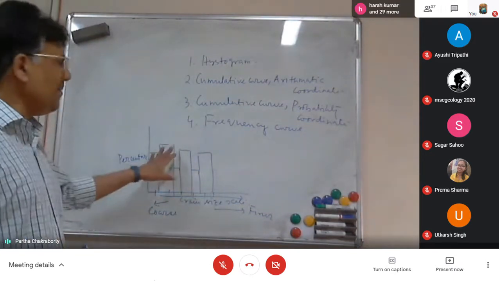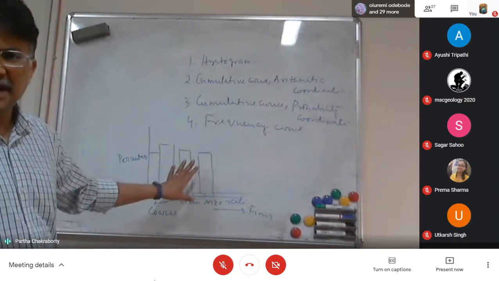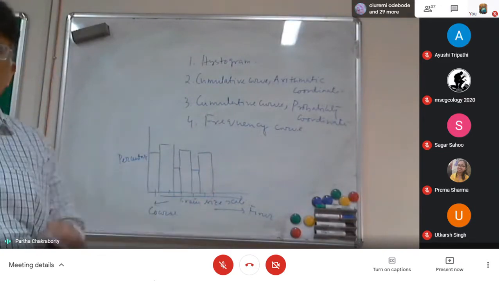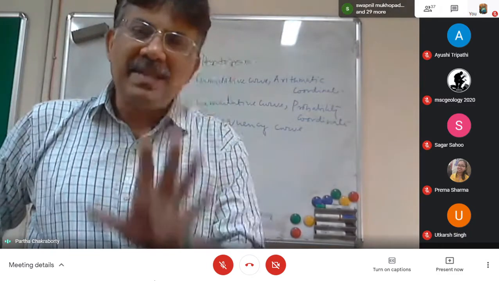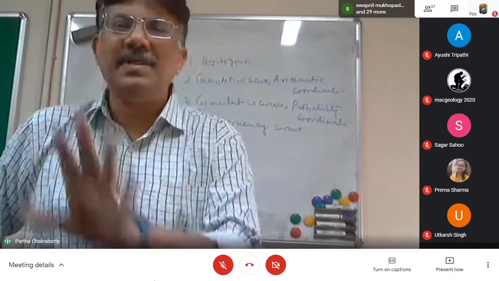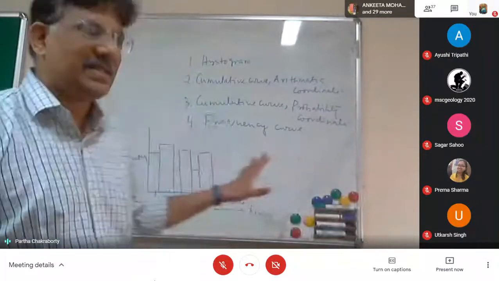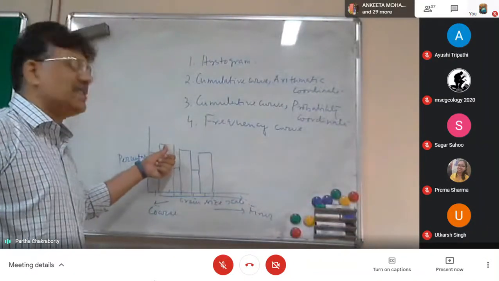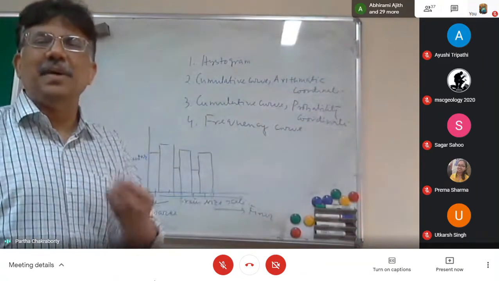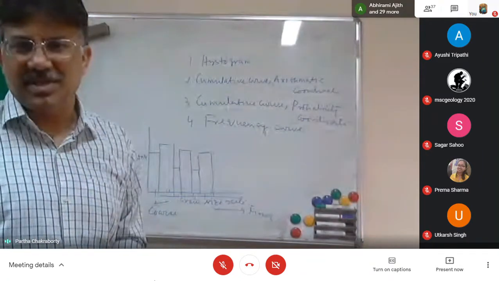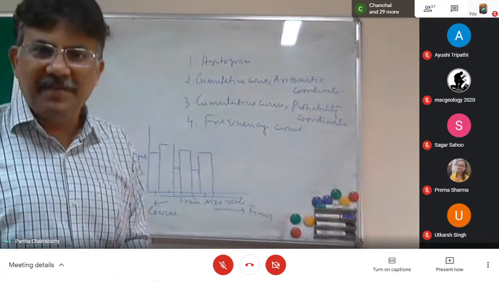This is very pictorial. Even a basic sedimentologist or basic geologist can easily understand what is the largest node, what is the biggest bar, and what is the maximum represented size in the population. It is not very difficult.